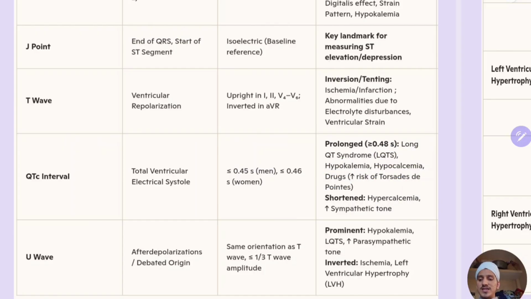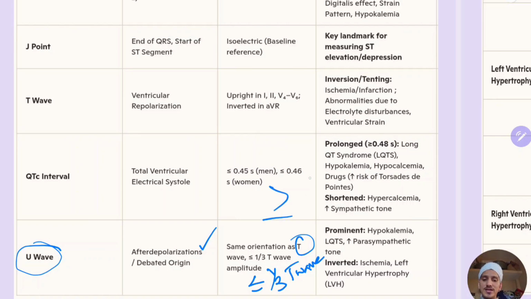Then the last thing is the U wave. So that represents after depolarization, or debated origin. How it originates we don't know. It has the same orientation as the T wave, but it is less than or equal to 1/3 of the T wave amplitude. Okay, remember this point. A prominent U wave, meaning more than or equal to 1/3 of T wave height, is seen in hypokalemia.